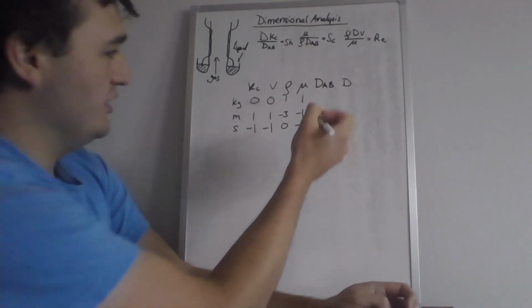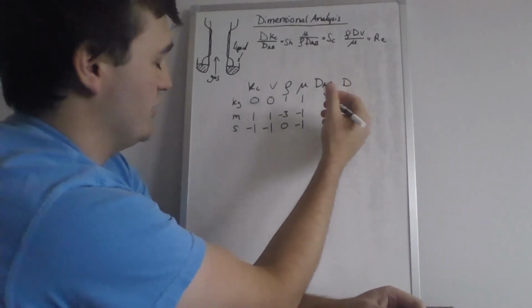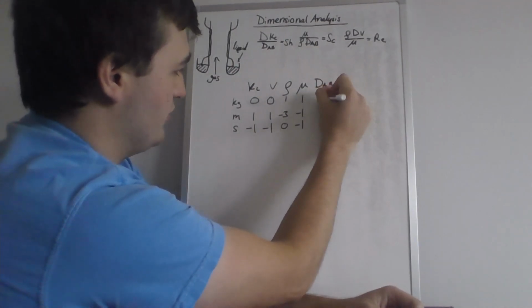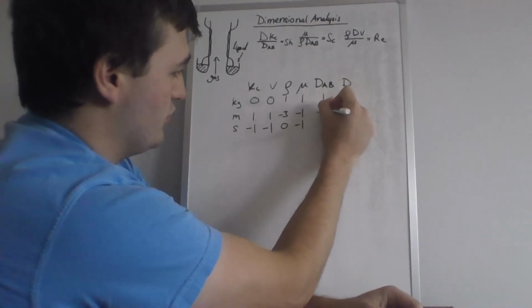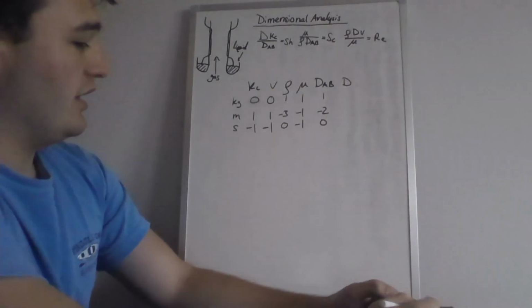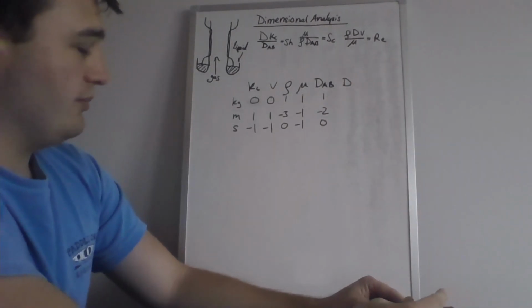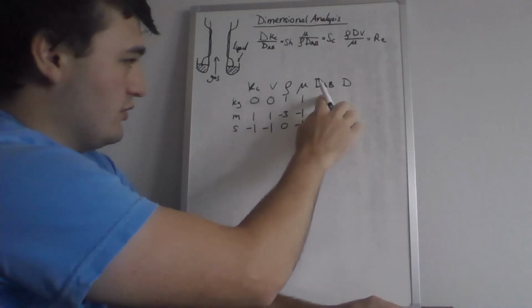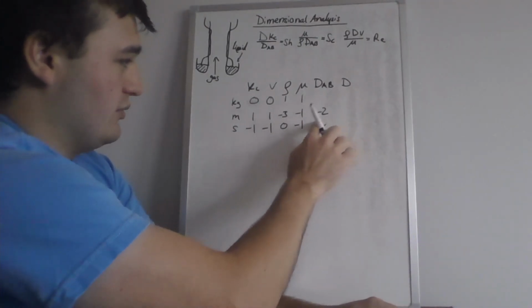Mass diffusivity is mass over an area. In this case, it would be kilogram over meter squared. I did that wrong. That's not what it is.